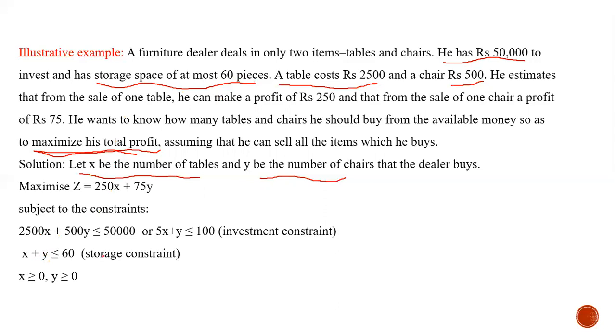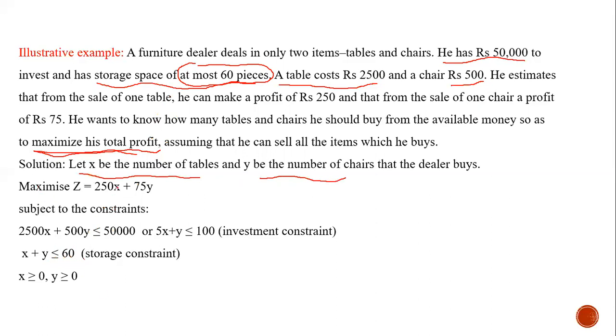So the second constraint is with respect to the storage. x is the number of tables and y is the number of chairs. So we can represent this as x plus y less than or equal to 60. We put less than or equal to because he can store at most 60 pieces.